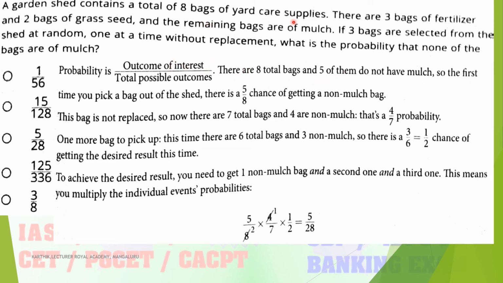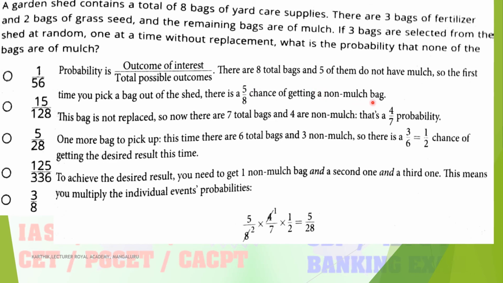These are not mulch. The remaining bags are mulch, so mulch bags are 3. Out of 8, 5 are not mulch and the remaining 3 are mulch. So the non-mulch bag fraction is 5 divided by 8.